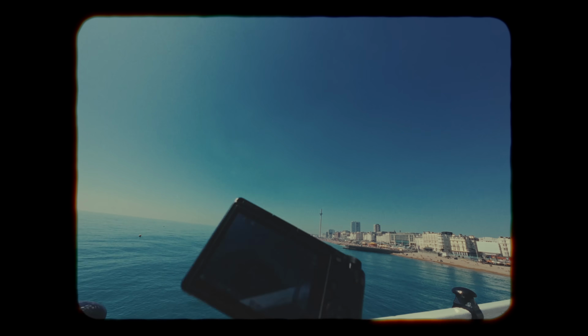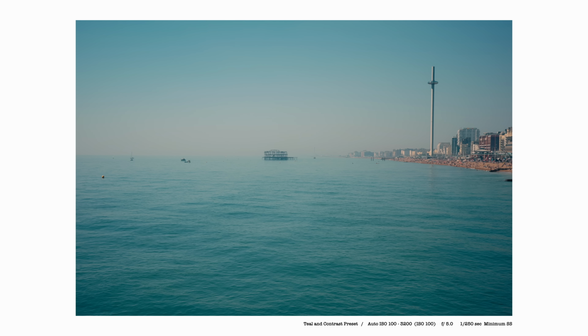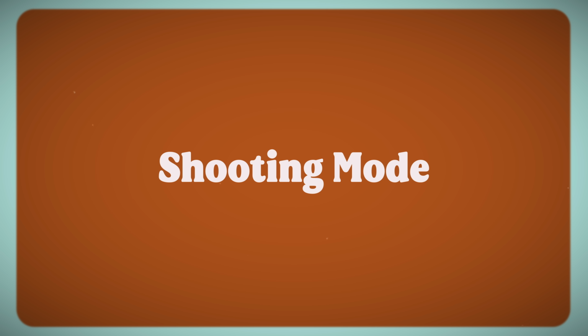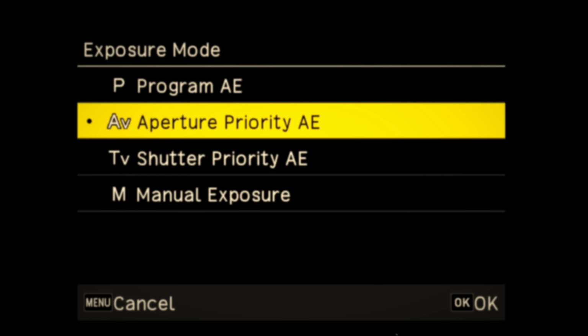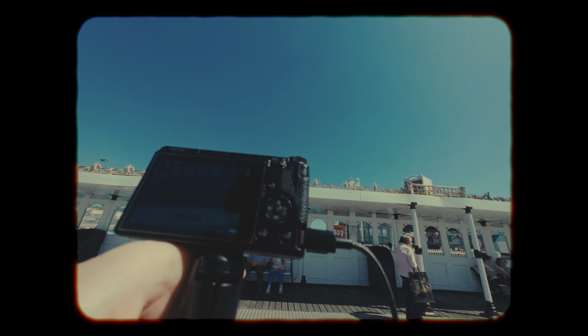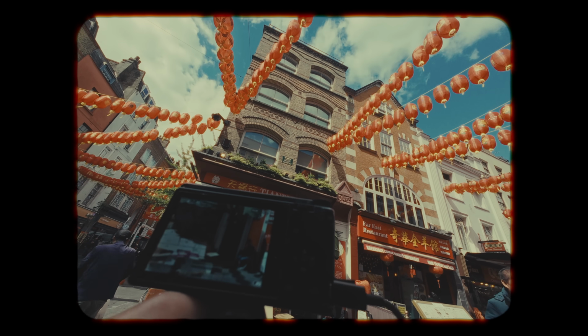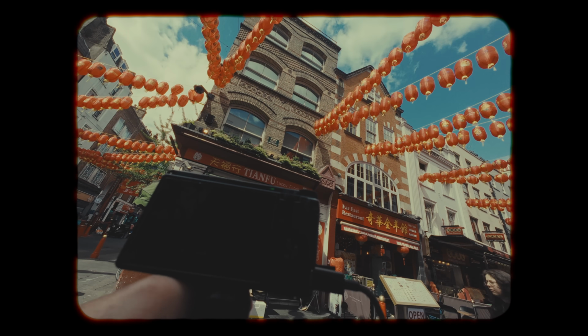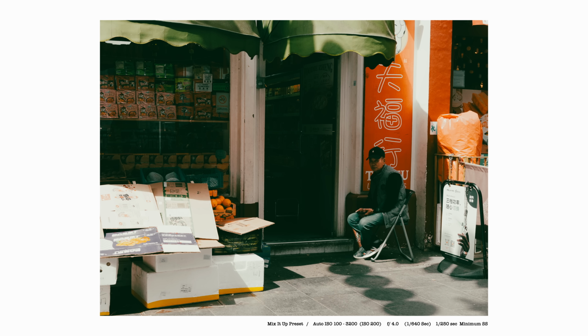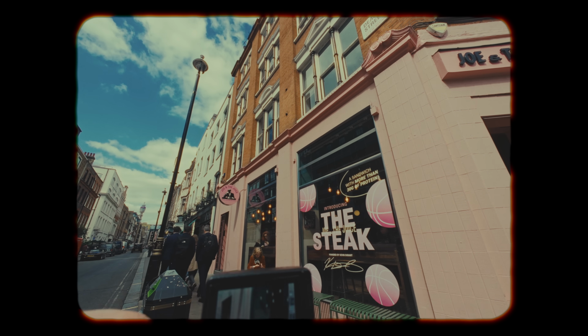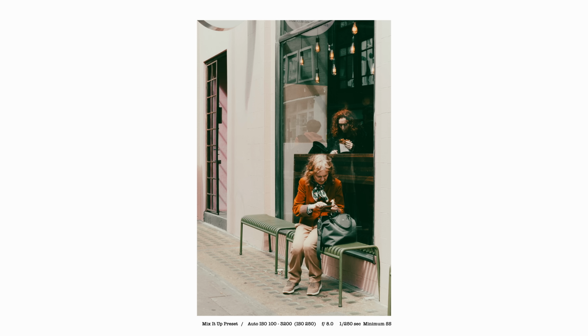Here are a few extra settings that make street photography much easier. For shooting mode, Aperture Priority is a great option for daytime work. It lets you control the depth of field, while the camera handles the shutter speed and the ISO inside the limits that you set, helping you react faster without second guessing the exposure.